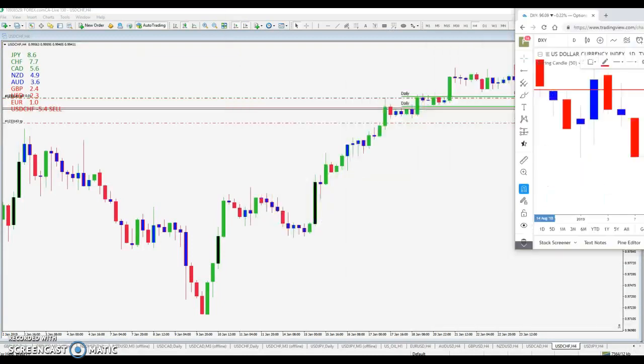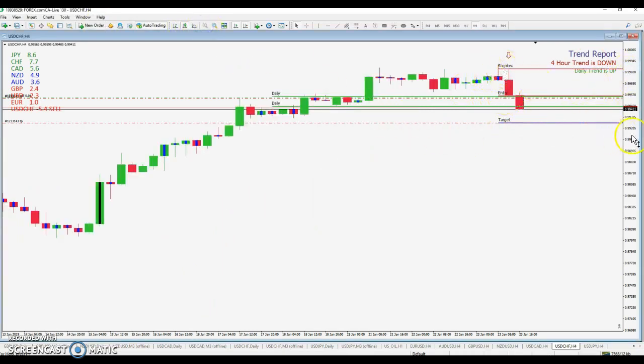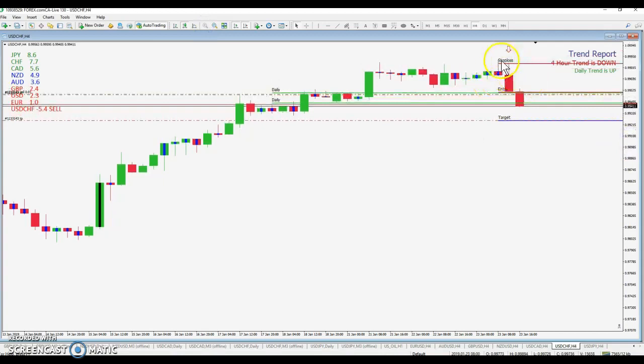And there's one more thing that I want to add to this USD Swiss here that I was looking at. I don't know if you can see it because this line might be in the way here, so I'll move it a little bit.